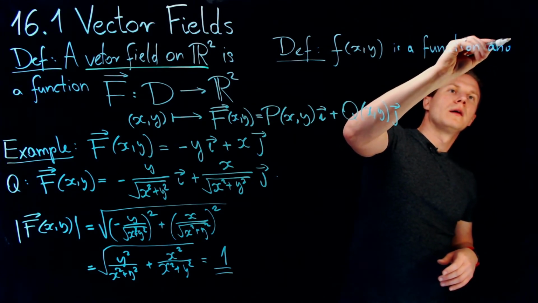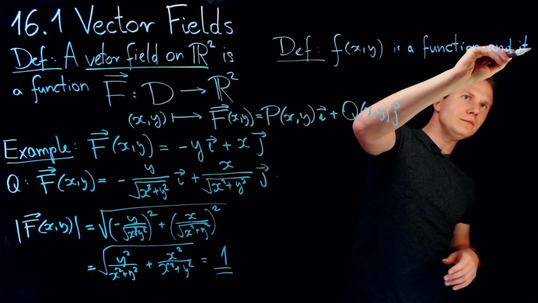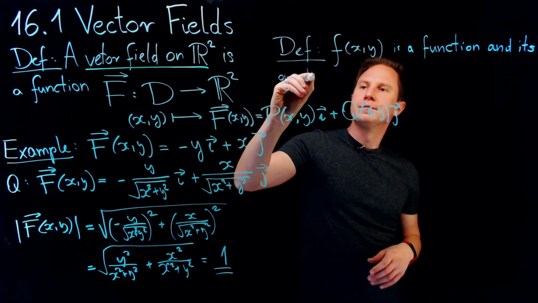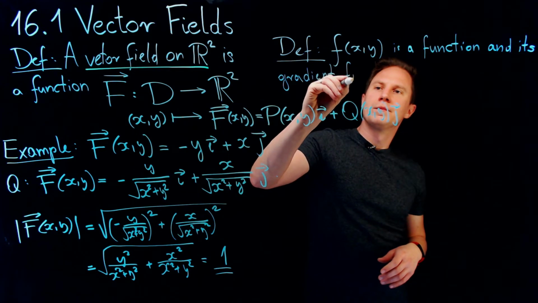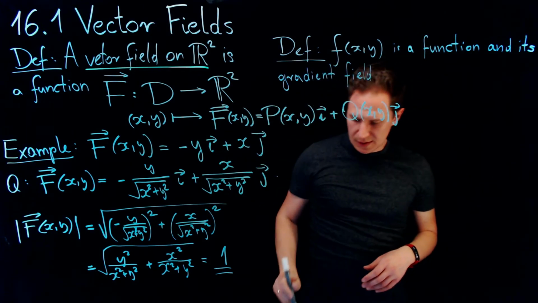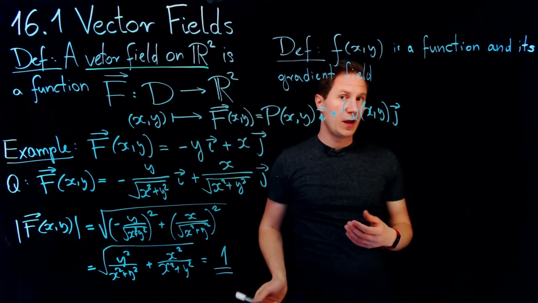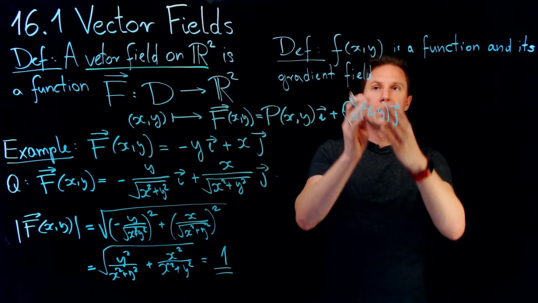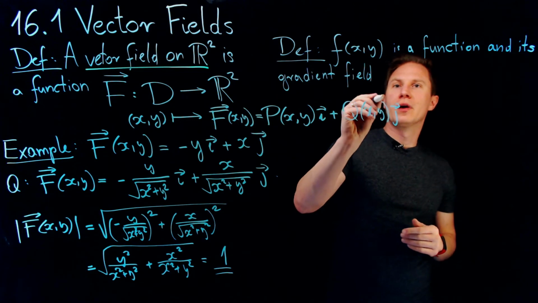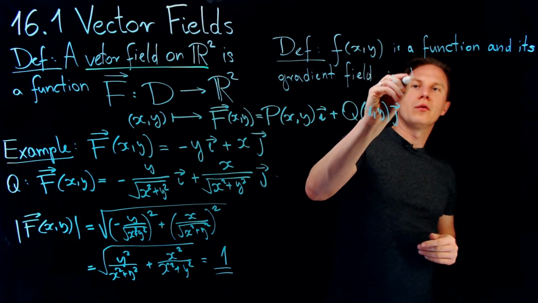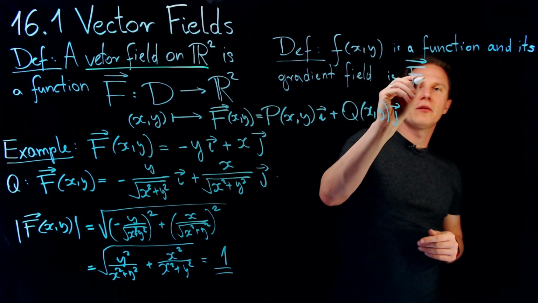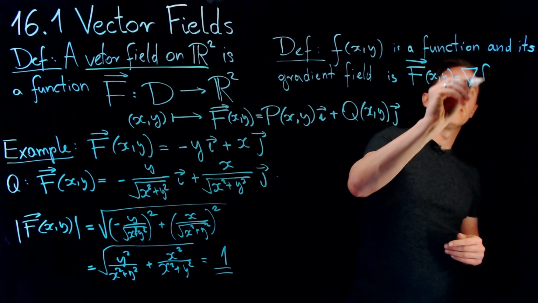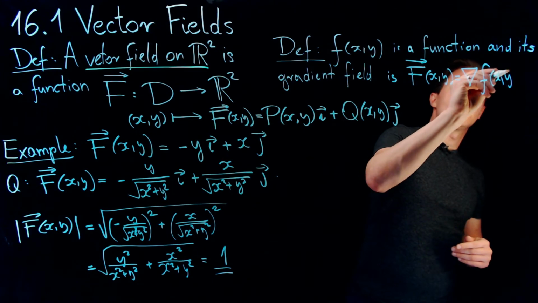Its gradient field is the vector field that you obtain by taking its gradient vector at each point in the domain of f. So its gradient field, capital F of x, y, is just the gradient of f at x, y.